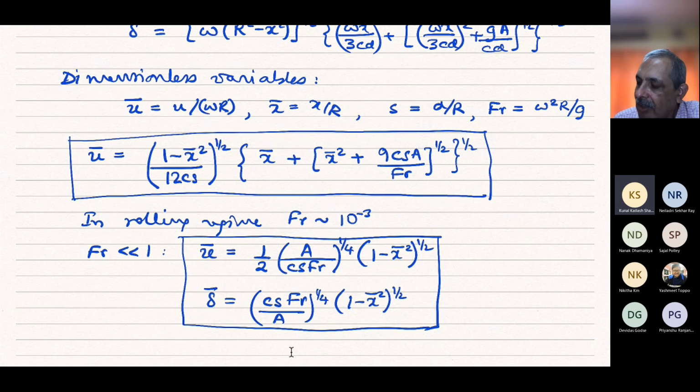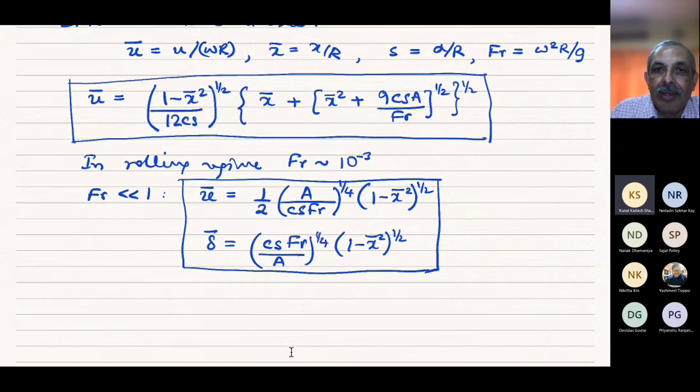You can use this, and then you can get delta also for this, and you can compare to experiments. So in the next class, I want to show you all of these examples that we have done, how these equations compare to experimental systems and how well they can describe the experimental system. Okay, so with that, let me end the class.